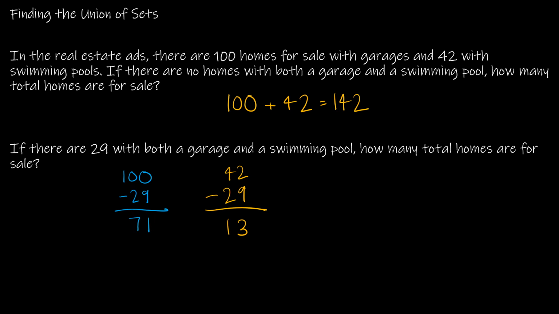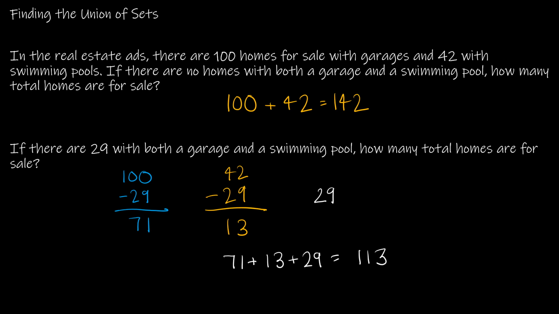And then how many have both, which is 29. So I could do it this way, and in doing it this way, I would take 71 plus 13 plus 29. And how many total homes would be for sale? Well, not 142 anymore. Now we would end up with 113.